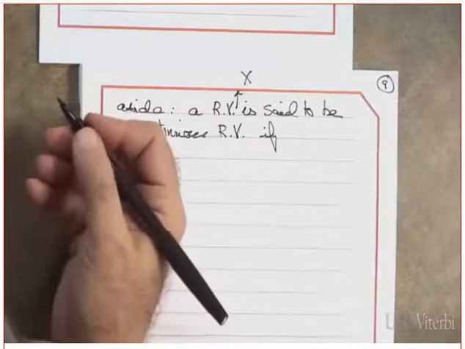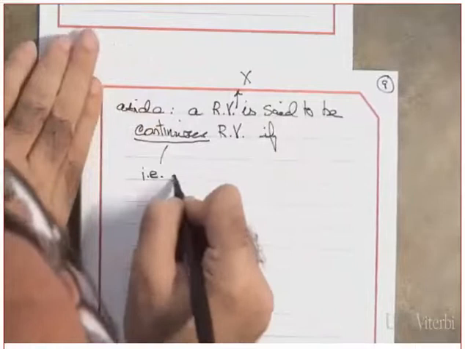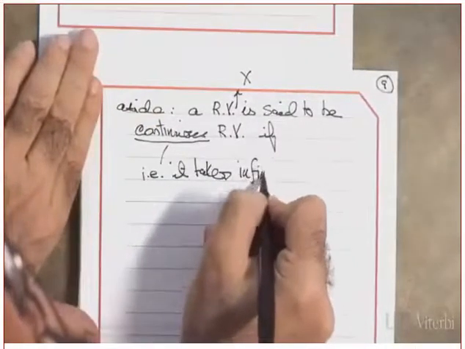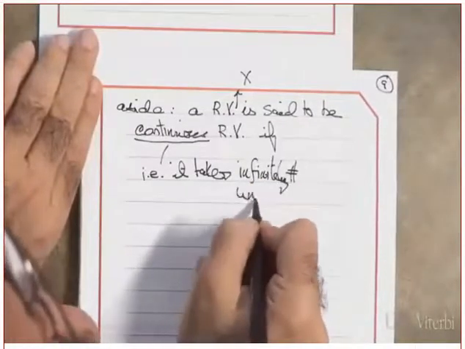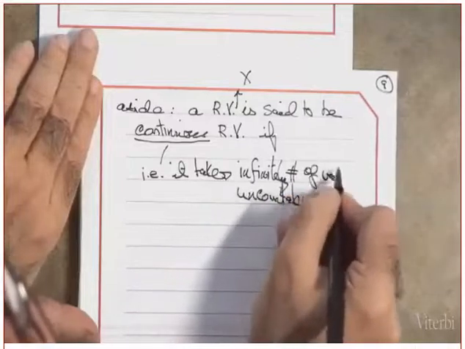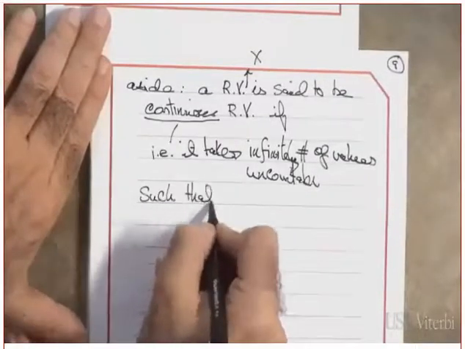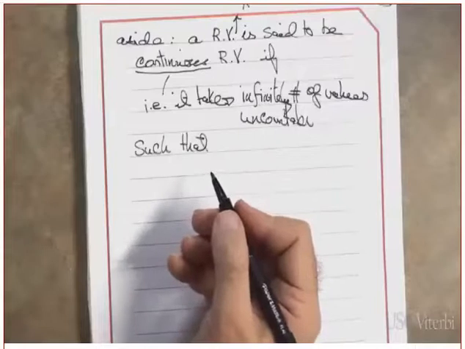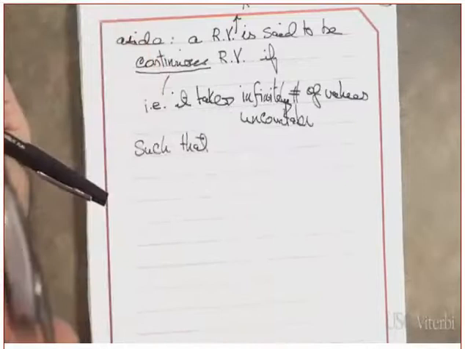X is said to be continuous, i.e., it takes infinitely uncountable number of values, such that... Is exponential continuous?